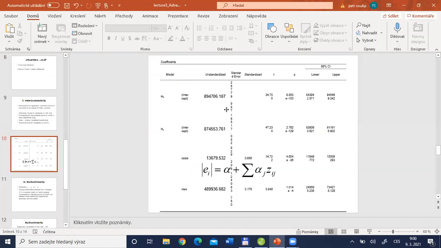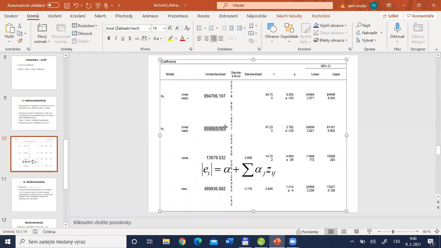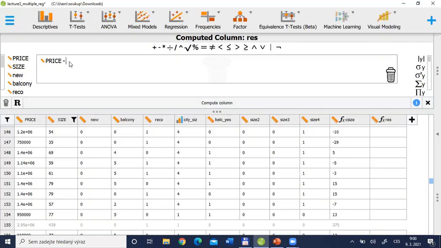Then I need to take the intercept, so I would copy the value: 874,553.761. If you like, you can round it slightly.